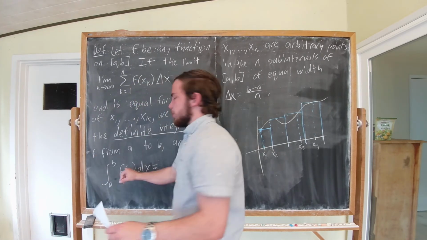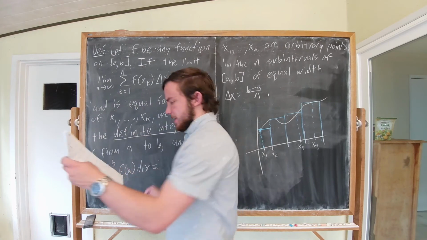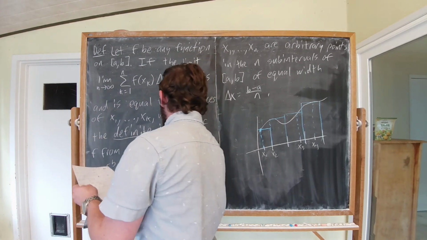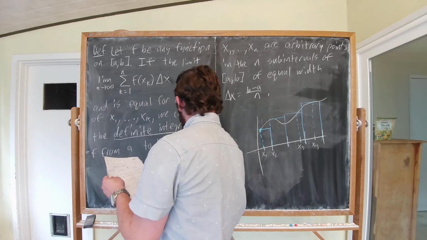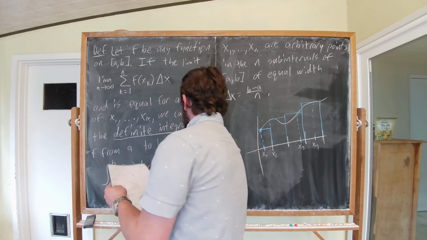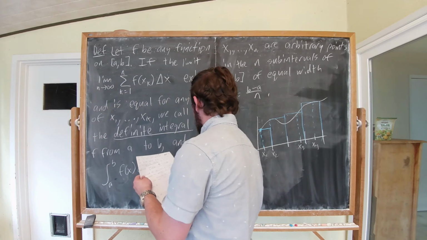So it's just like normal integrals, except you put a little a and the b at the end, and you write it as that limit. So this is our new symbol for this limit.